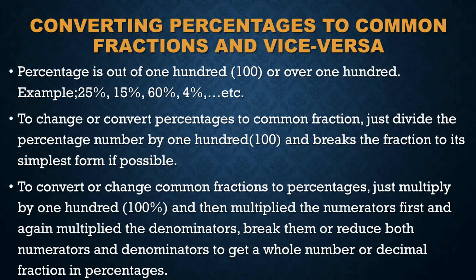Okay, good. So to convert common fraction to percentage, just multiply by 100 and then multiply the numerators and denominators. So let's quickly solve one more example under changing common fractions to percentage.